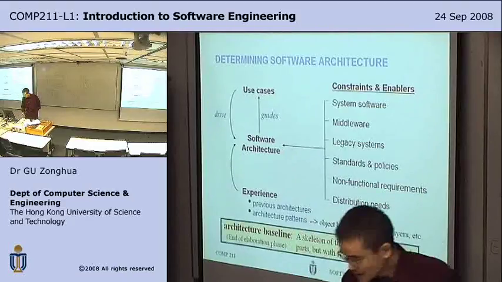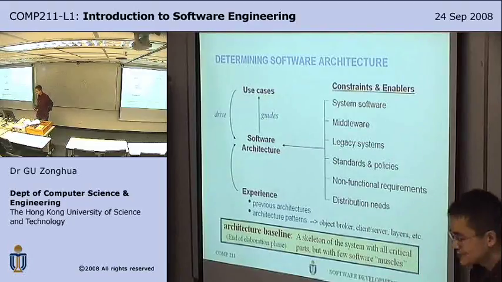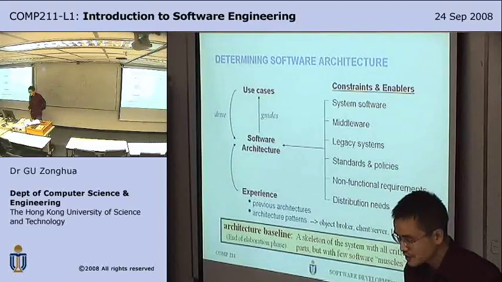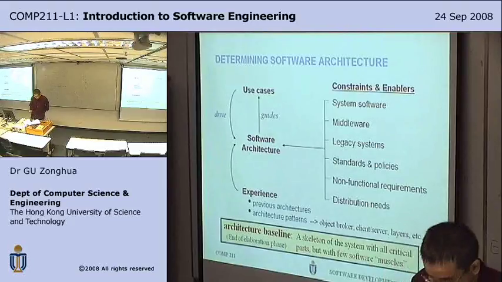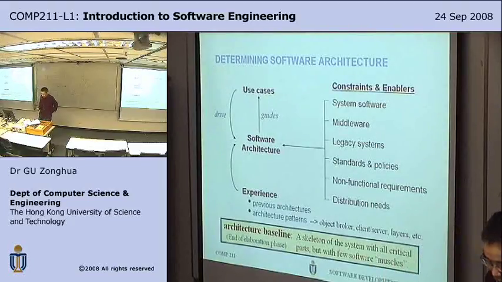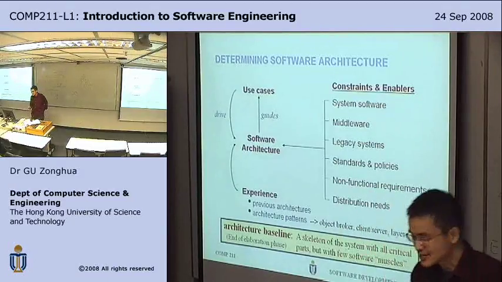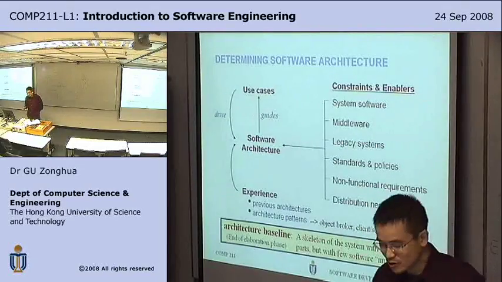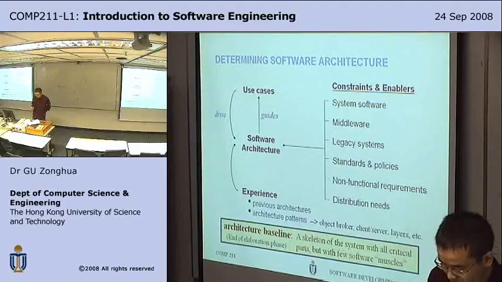So architecture baseline is the skeleton of the system, with all critical parts but few softer muscles. So it consists of early versions of all the models, from use case to analysis to design to implementation, etc. But these are very rough, very early versions of these models.